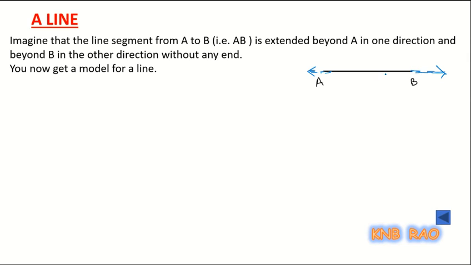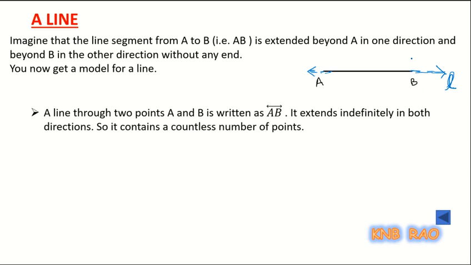So this is called line AB, or it can be named with a small English alphabet, line L, line M, etc. So extending beyond A and beyond B gives a line.